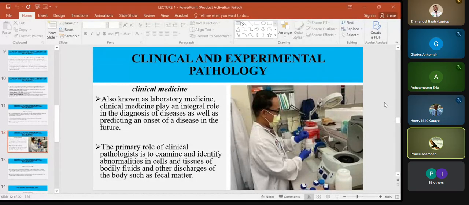And when you try to dispute it, you may be in trouble. So the primary role of clinical pathologists is to examine and identify abnormalities in cells and tissues of bodily fluids and other discharges. That's their role in clinical pathology.